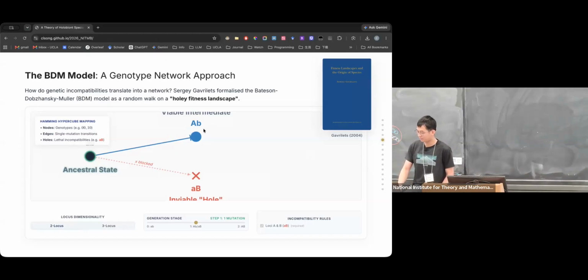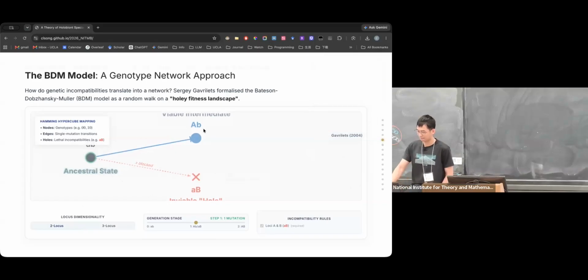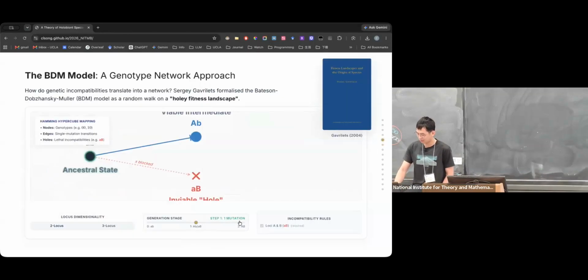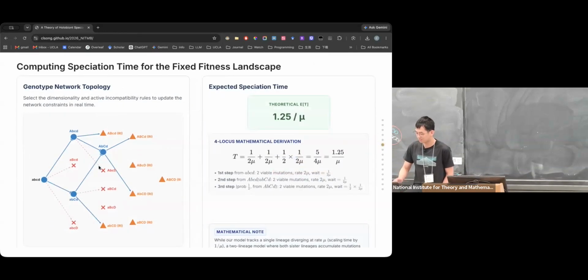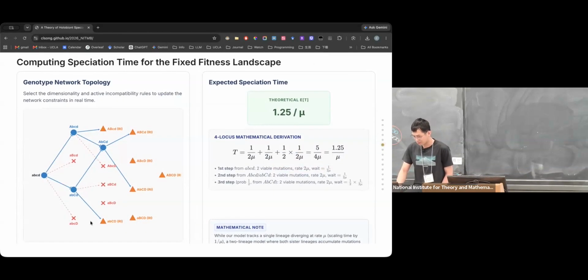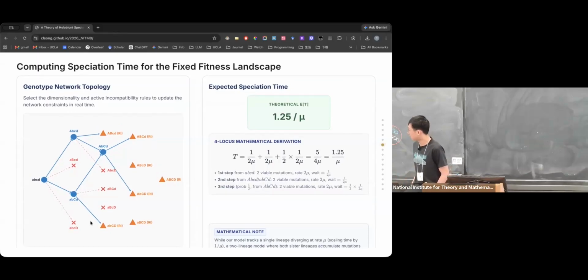The only viable intermediate state would be big A and little b. Eventually, once they reach the final state with big A, big B, this derived species would have reproductive isolation from the ancestral state. With this framework, we can easily use mathematical ways to calculate speciation times.